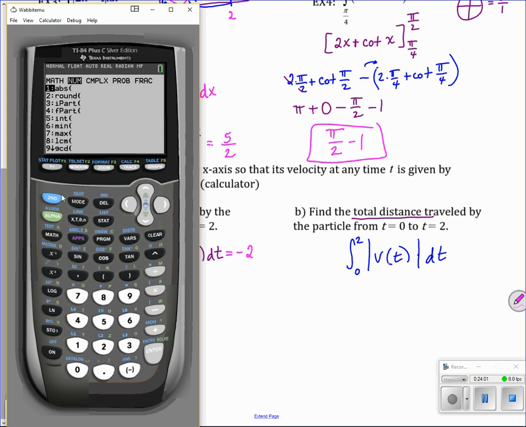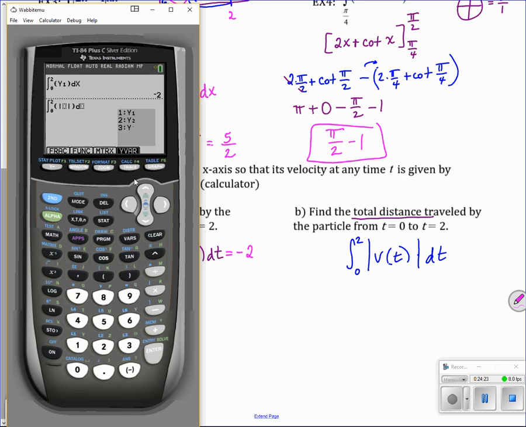There it is, Math Num. To be honest with you, I find it with second catalog. Catalog pulls up every operation on your calculator in alphabetical order. So when I hit catalog, absolute value comes up first. So I tend to do it that way.